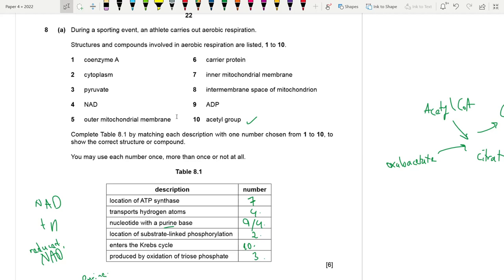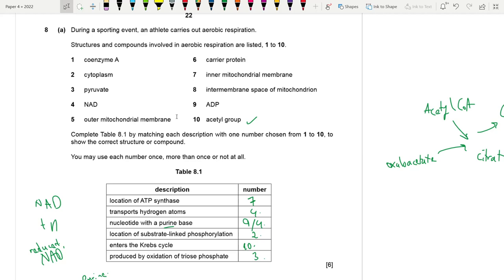You may use each number once, more than once, or not at all. Location of ATP synthase: where is it located? We know that it's a stalked particle located at the inner membrane of the mitochondria, the cristae basically, so it's going to be number 7. Transports hydrogen atoms: basically a hydrogen carrier, either NAD or FAD. We needed a coenzyme, so number 4.